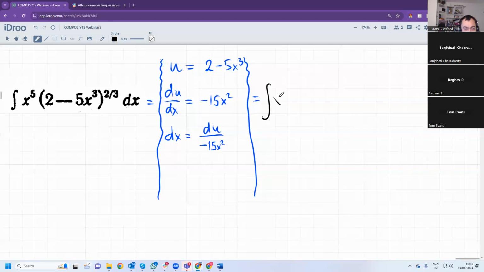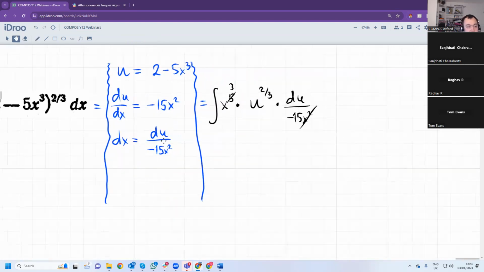So the integral of x to the power 5 multiplied by u to the power 2/3 multiplied by dx, and dx is du over minus 15x squared. X squared cancels, and I have x cubed.